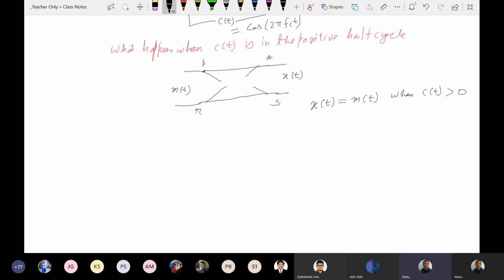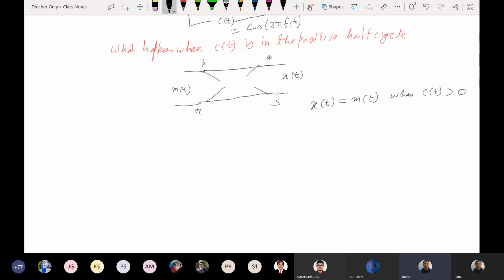Even I'm not comfortable with the fact that this c(t) doesn't interfere with m(t). I agree, but actually when you do it, it doesn't. So I would think of these diodes as simply switches.